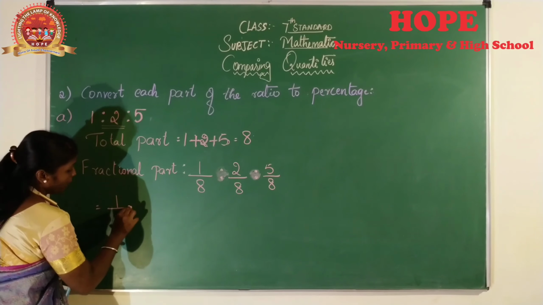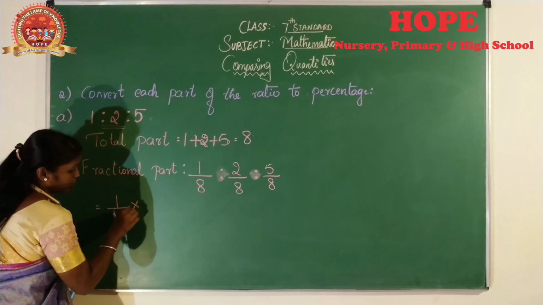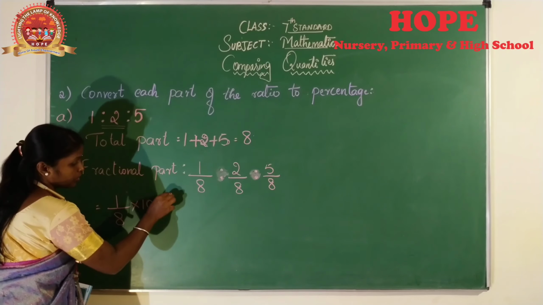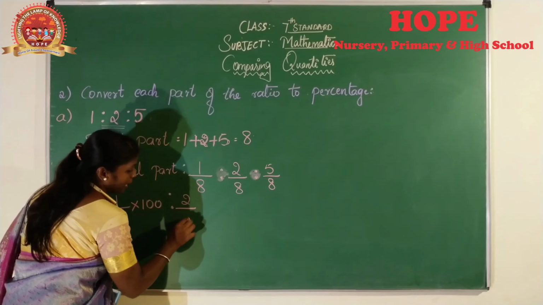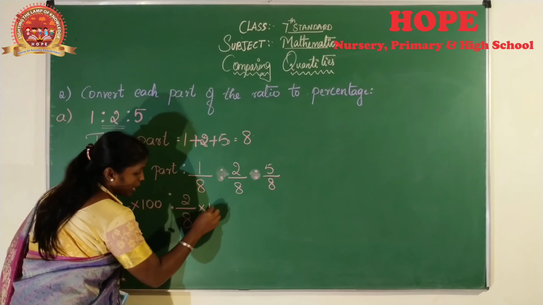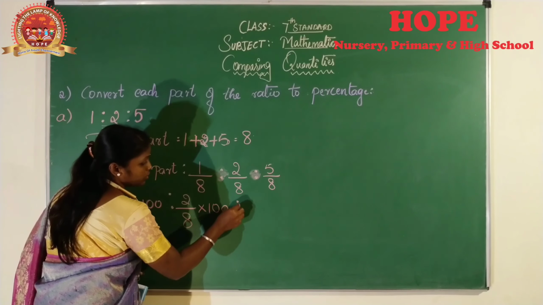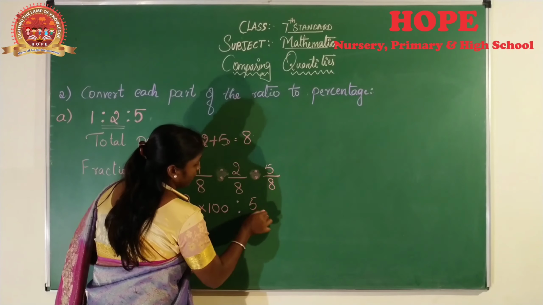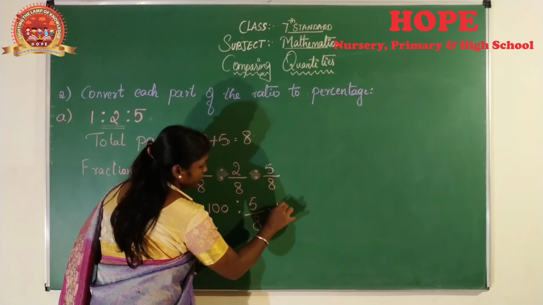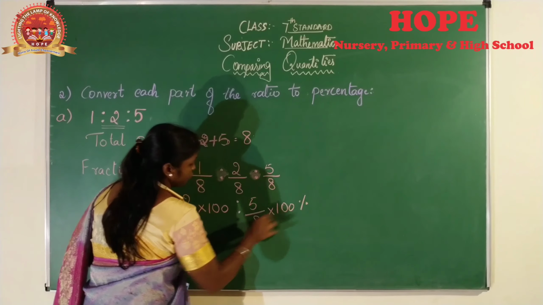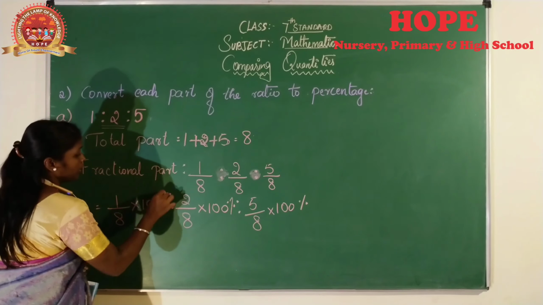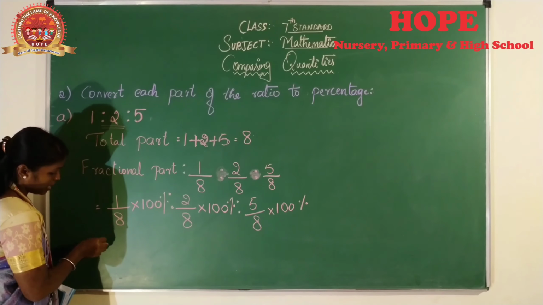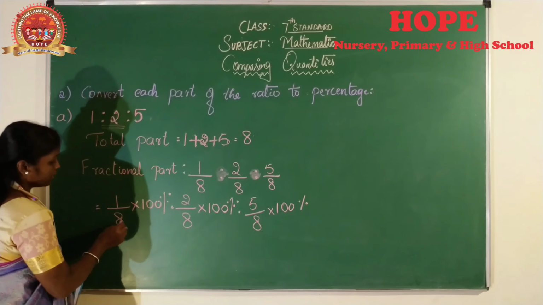It's like 1 by 8 into 100 is to 2 by 8 into 100 is to 5 by 8 into 100 percentage. You can write the percentage in all your cases. So here it's clear for us, right?